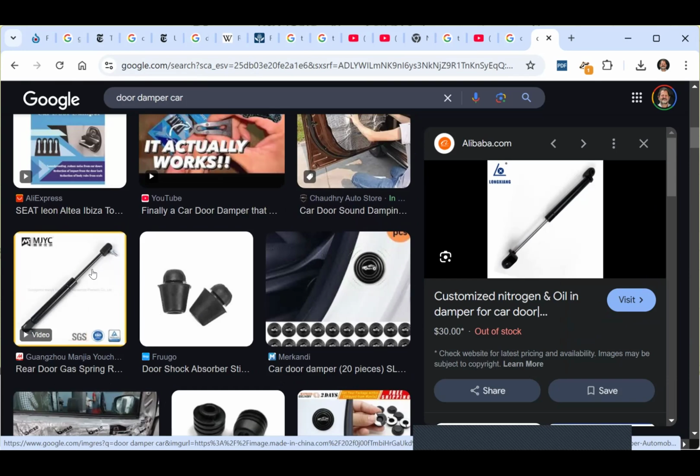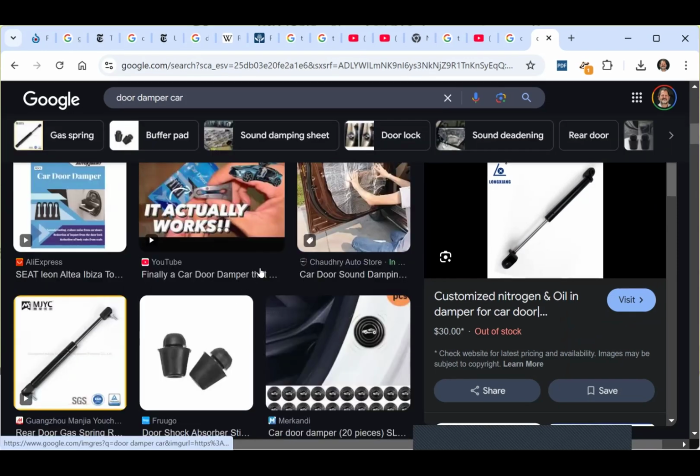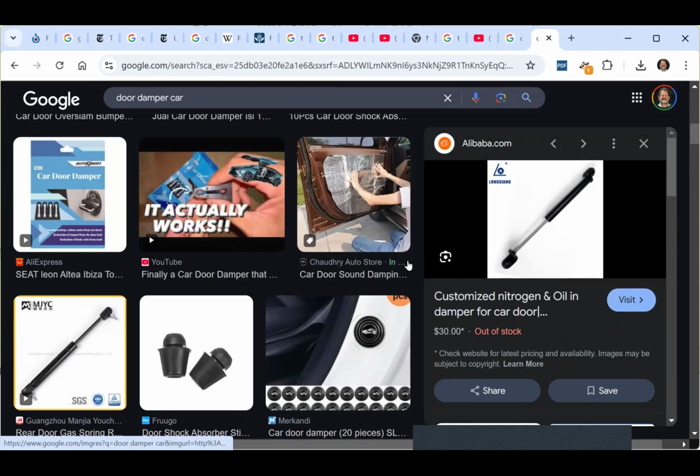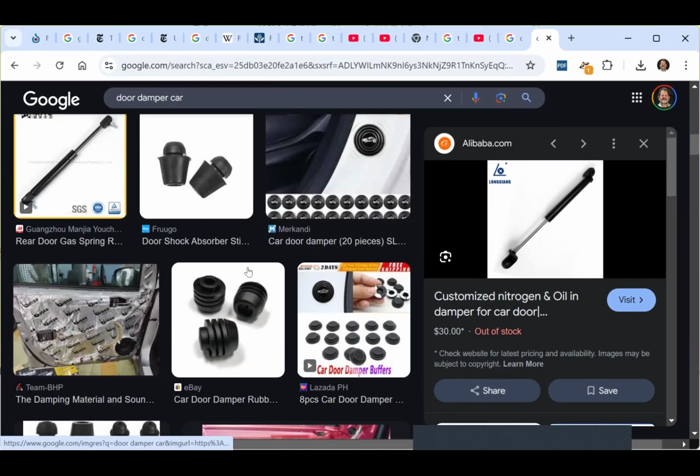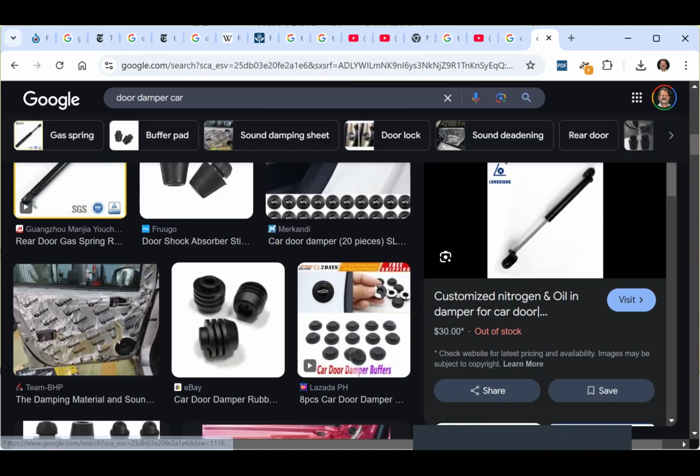If you have a hatchback, you have one of these things in there, so it keeps the lid, the door, from closing, slamming shut, and holds the door open, if you will. These things are often called dampers, and they dampen the motion. They're designed to absorb the energy out of a system, in this case of a door. They do exist.